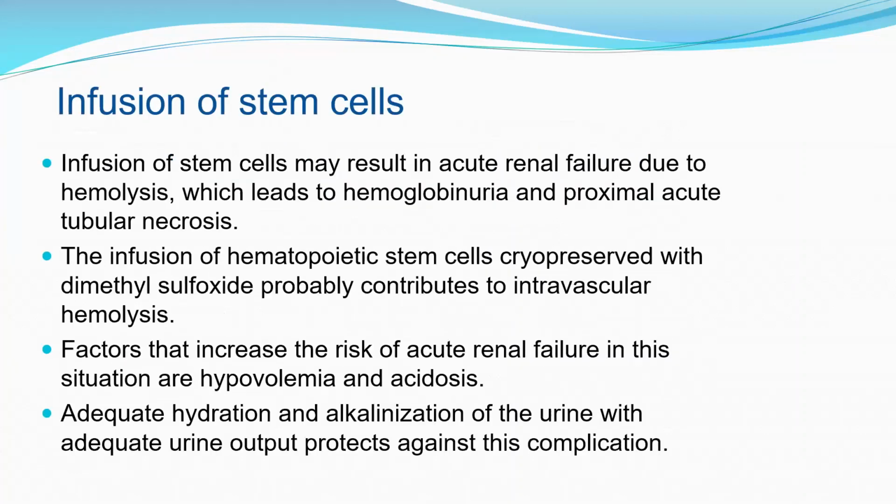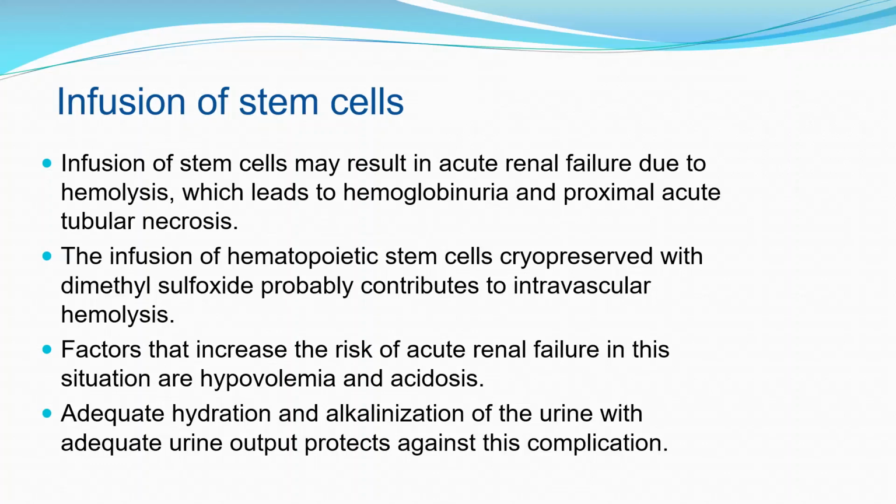Another cause of acute renal failure is infusion of stem cells. Infusion of stem cells may result in acute renal failure in 2 special circumstances. First, in the case of major ABO mismatch, when the patient is taken for BMT without sensitizing, it can result in severe hemoglobinuria and also cause renal failure.